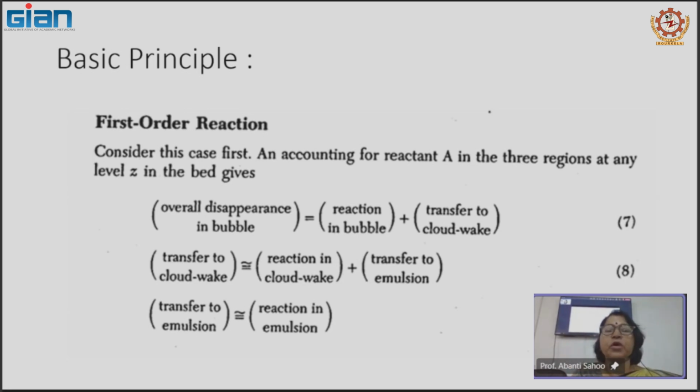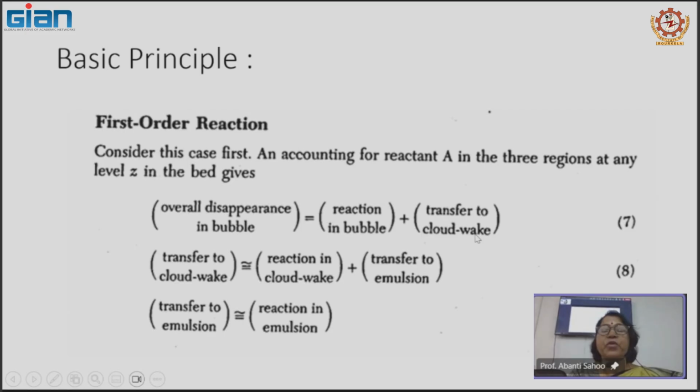Within the bubble also some solid particles are there. So reaction in the bubble, because of the reaction of the gaseous reactant with the solid particles already present in the bubble, plus transfer to the cloud wake region.